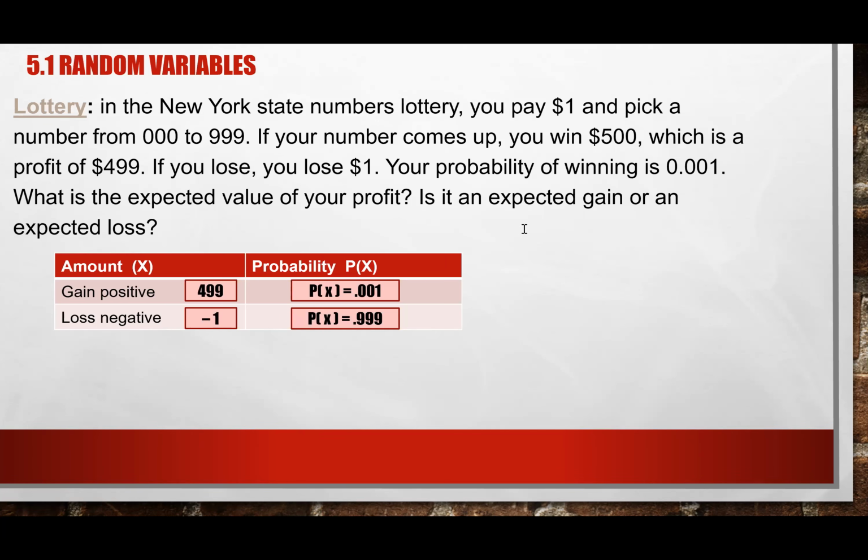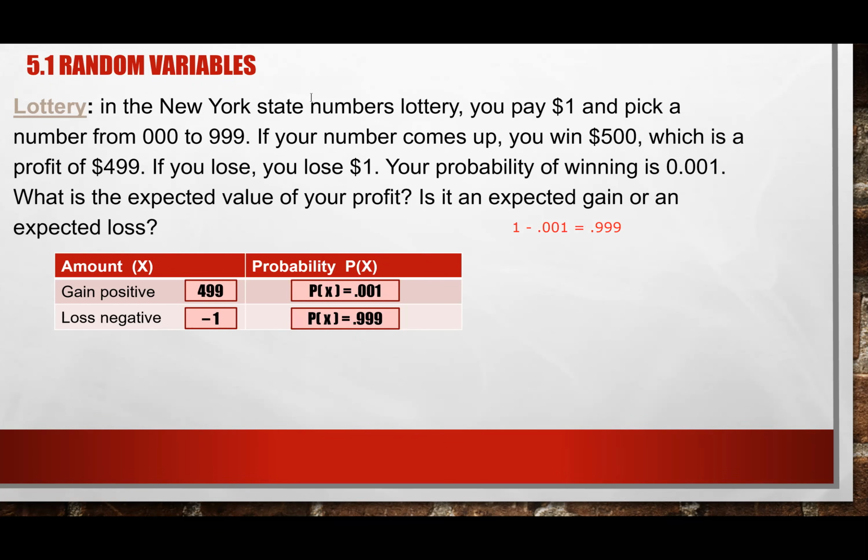So if I know the total probability is 1 and the probability of winning is 0.001, all I need to do to find the remainder is take the total, 1, minus 0.001. That is where the 0.999 comes from.